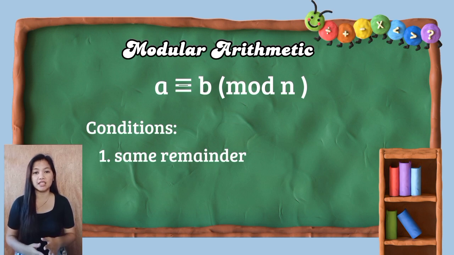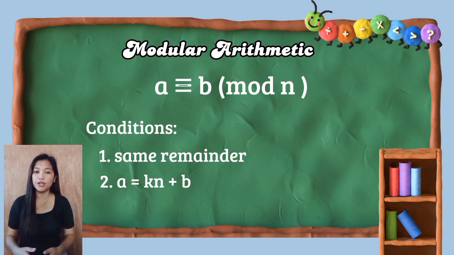This means that it must be more than 1, like 2, 3, 4, and so on. The second condition states that A is equal to K, which is our unknown number, times N plus B. And the last one, N divides A minus B, where A minus B is a multiple of N.